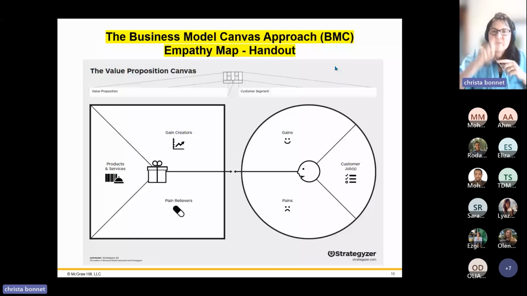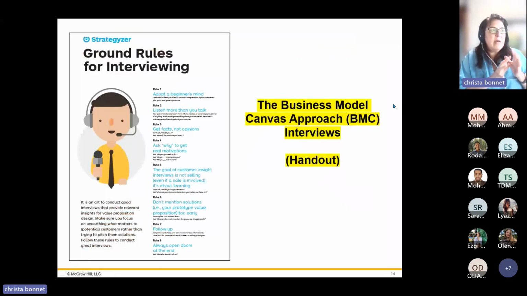Can you all see there's a circle and there's a square? Can you see that? Yes. Okay, thank you. Now, this is what you're going to use, the principles of the do's and don'ts in an interview.